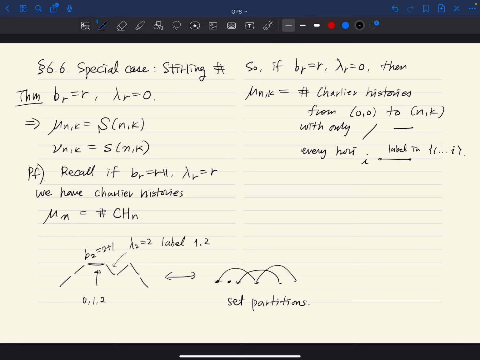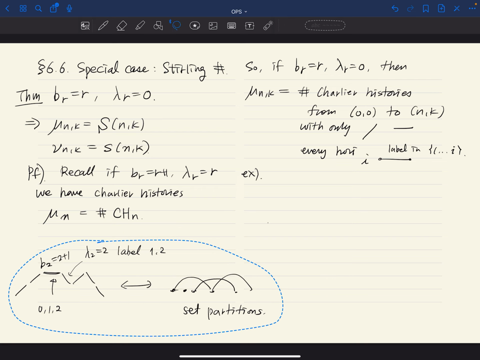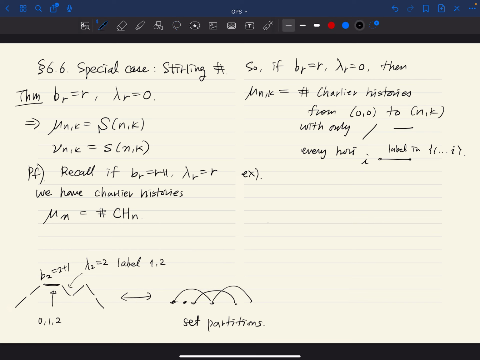So maybe I can give you an example, something like this. Up, horizontal, up, horizontal, up, horizontal. So this is level 0, 1, 2, 3.